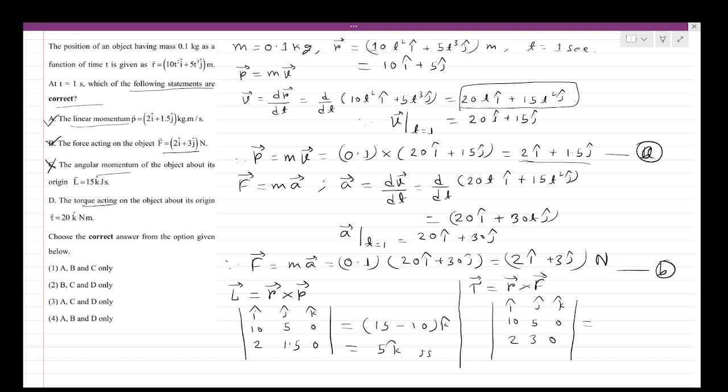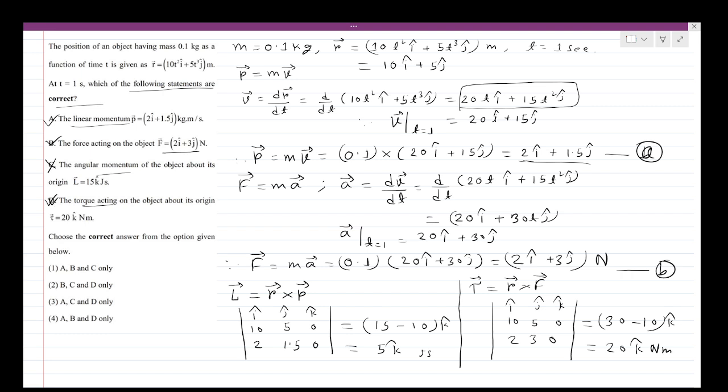Similarly here, the component of k cap is 0, so the i cap and j cap components are 0. We can directly write only the k cap: 30 minus 10, so it equals 20 k cap Newton meter. So option D is also right.